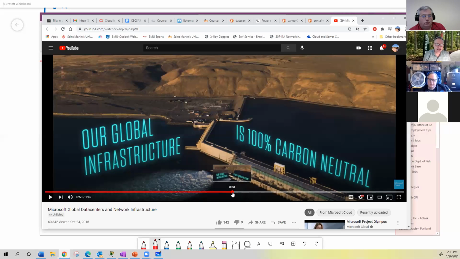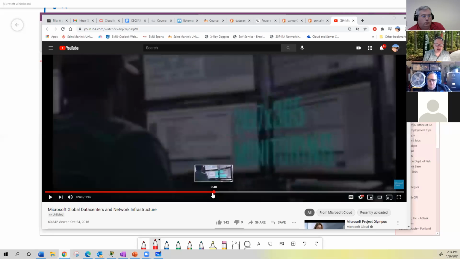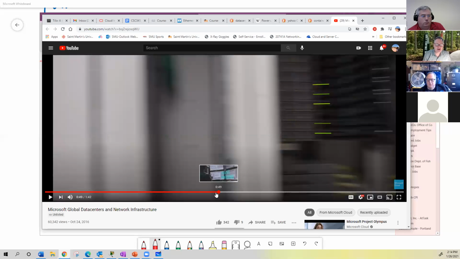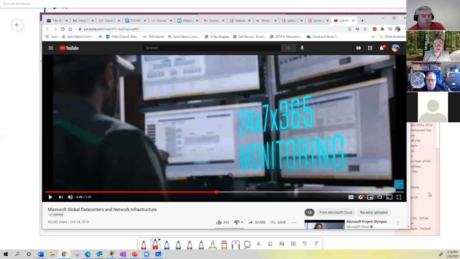There's a term called a green data center, and most data centers cannot have all power coming from carbon neutral, but a data center can take the amount of power of a small city. Okay. So there's not really anything green about them, but they like to say that term. It's a buzzword.